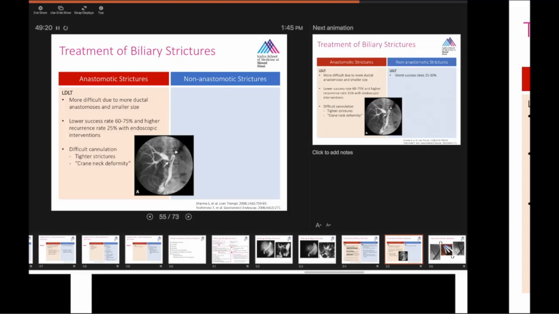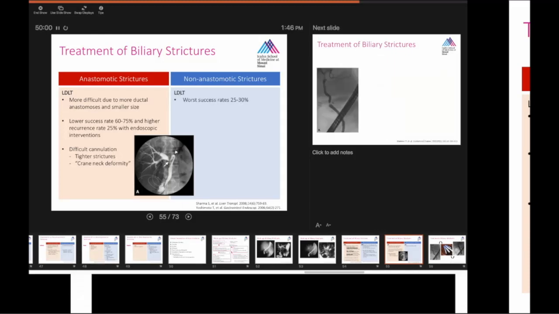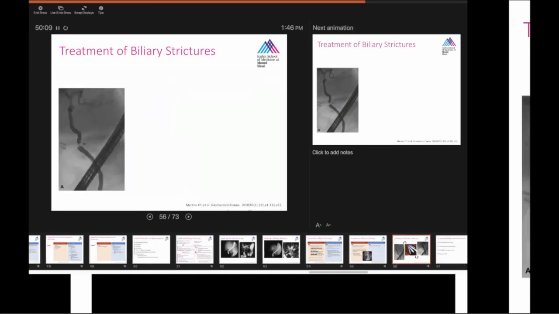You see here the donor duct. Before, this should be a straight line, but as the lobe hypertrophies, it pushes things down and you have this crane neck. And when you have this, you can't cannulate that. And the worst success rates are in non-anastomotic strictures in living donors, where endoscopic therapy is only less than 30% effective, unfortunately.